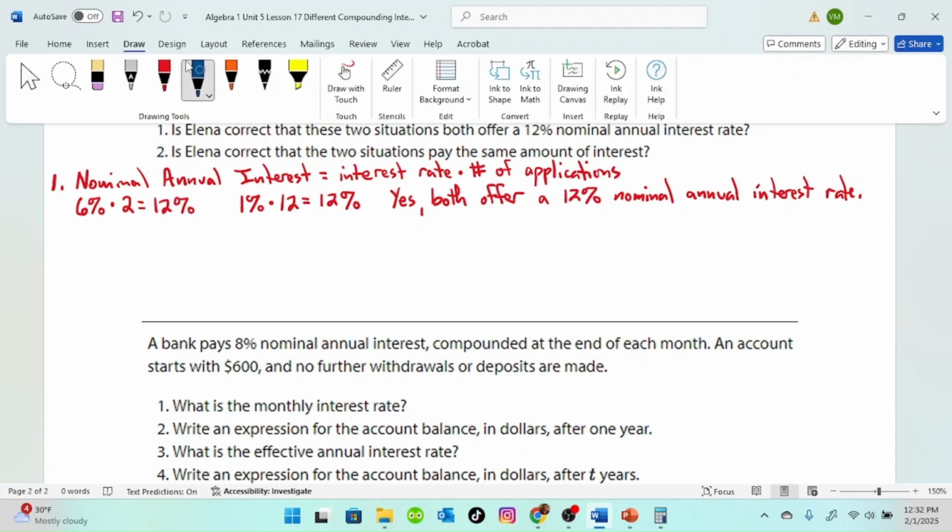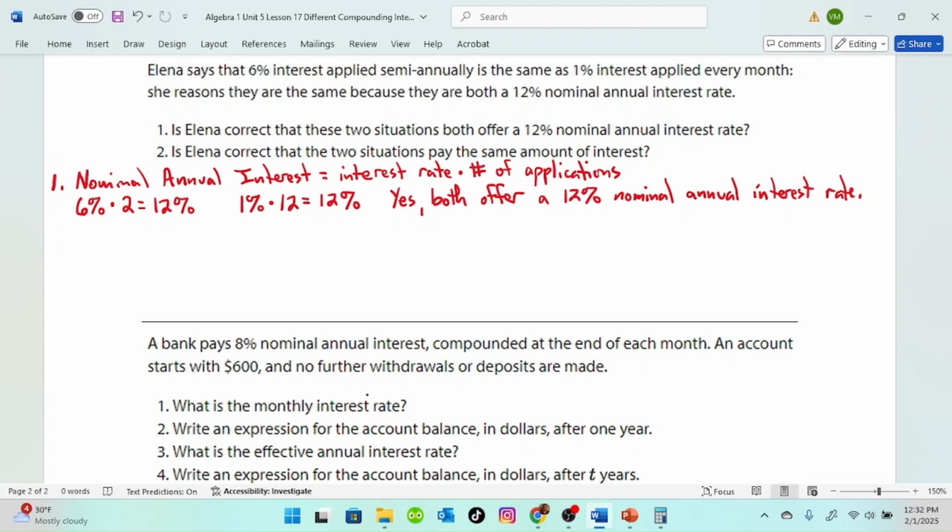Now, number two asks us, is Elena correct that the two situations pay the same amount of interest? This is where there's a difference between nominal annual interest rate and actual interest rate.